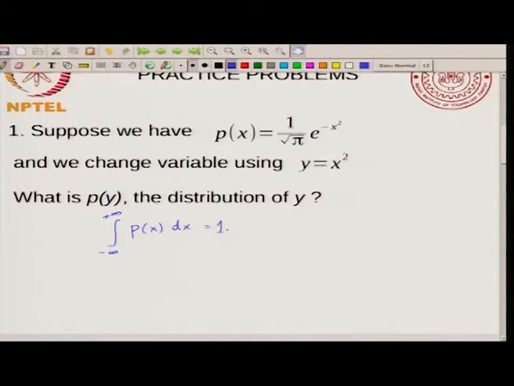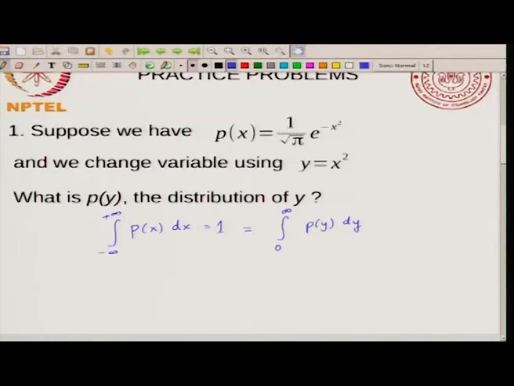If you change the variable to y, you would also have integral p of y dy over the range of y equal to 1. Since y is x square, y has to be positive, so the range will be 0 to infinity. So, this should be equal to 1.